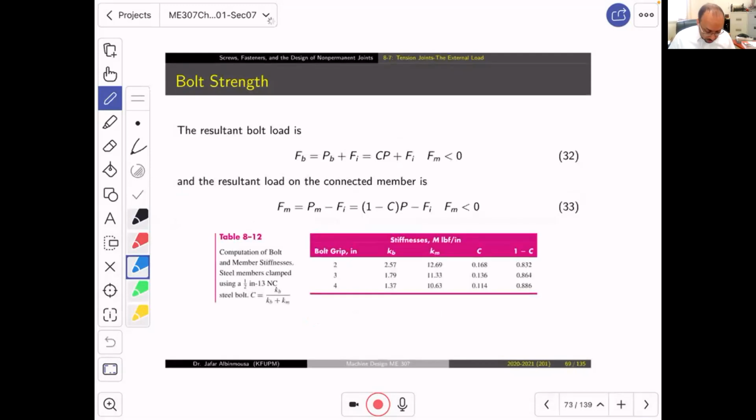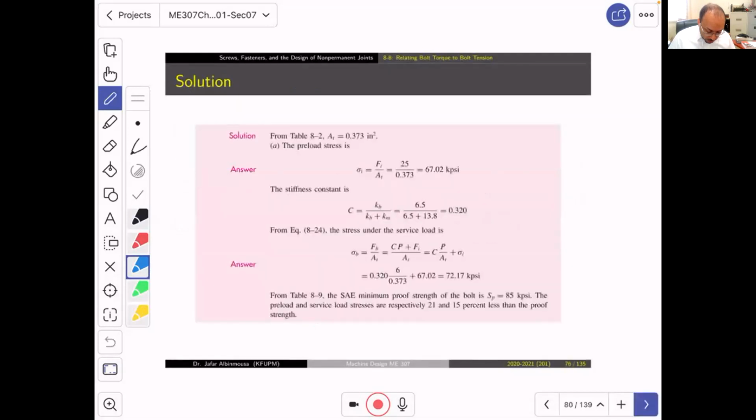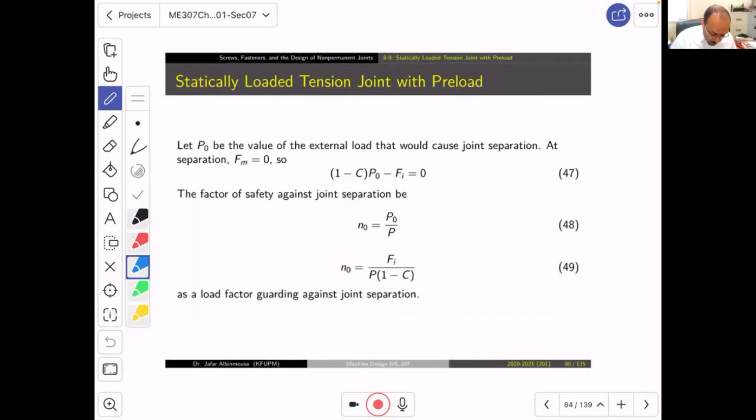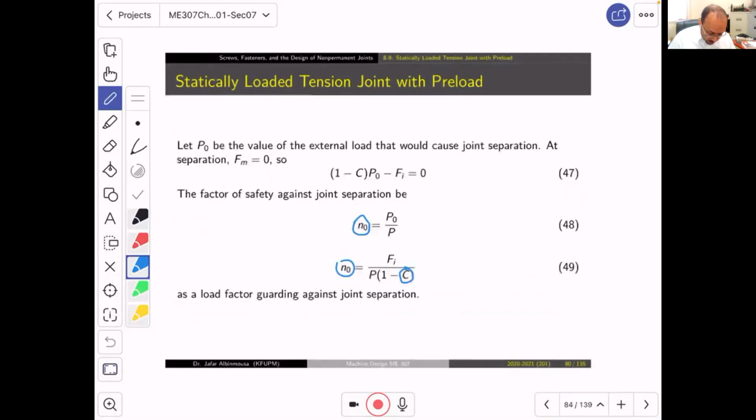Later, when we move on, you will see that we are going to find, look, you see this? This is a factor of safety. And over there, C is there. This is C, which is KB over KB plus KM. And we will continue over there.